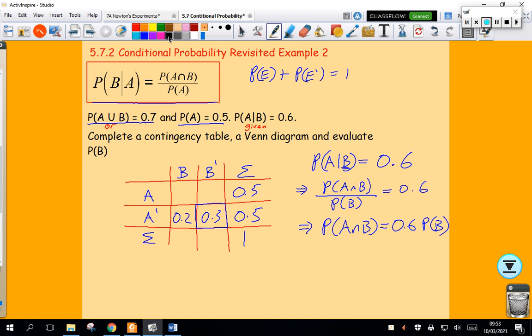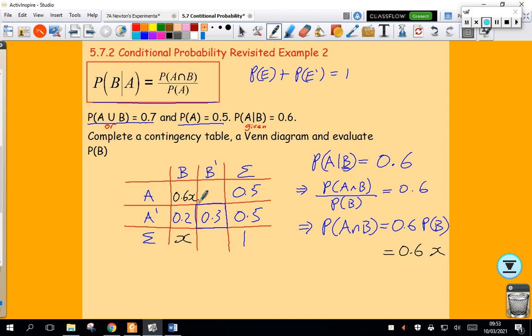Now suppose I just let the probability of B be equal to x. So the probability of B is equal to x. This is telling me the probability of the intersection will be 0.6 times x. And what I have here is a way to establish something.